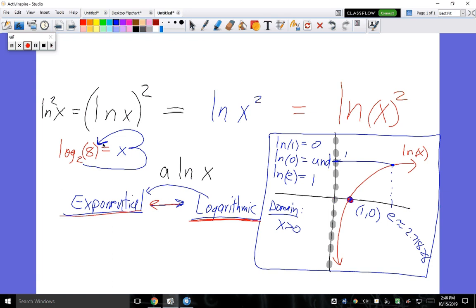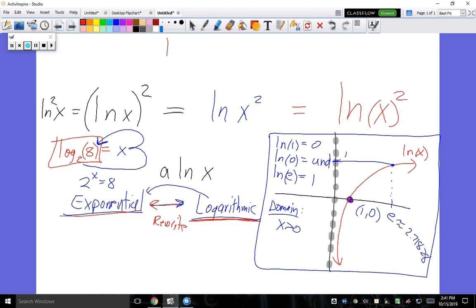And you could rewrite this as 2 to the x is equal to 8. And by intuition and quick number sense, you can see that that's going to be 3. So the log base 2 of 8 is 3. So it's all about the rewrite, for sure, between logarithmic and exponential forms to help you solve them.